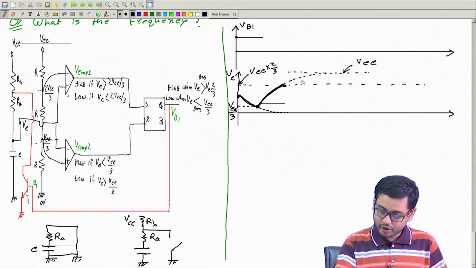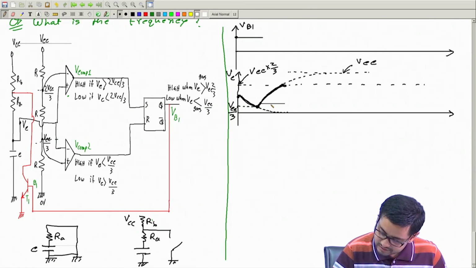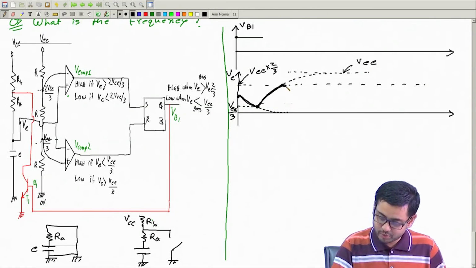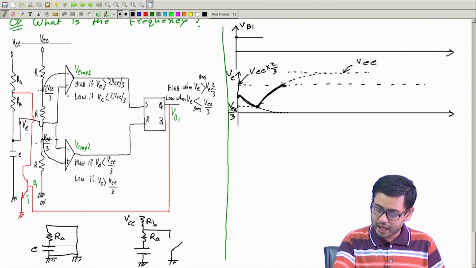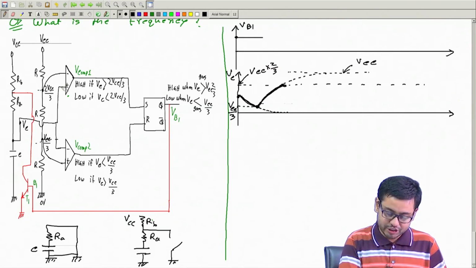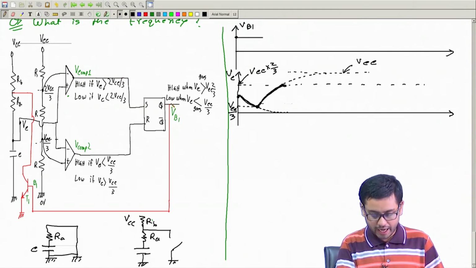Why? Because at this point this voltage Vc is above 2/3 Vcc. So this comparator will get activated and it will trigger this set, and therefore this voltage will be high again.